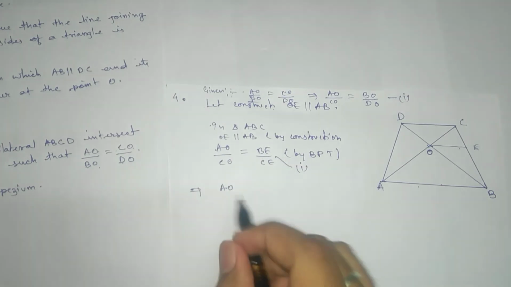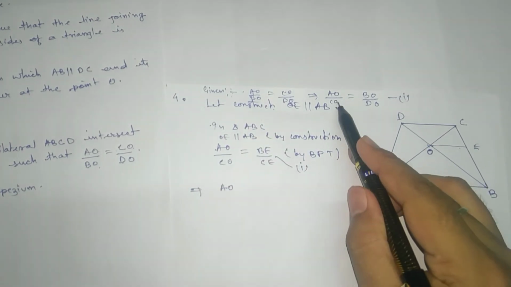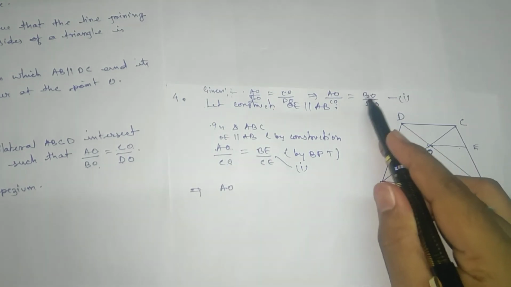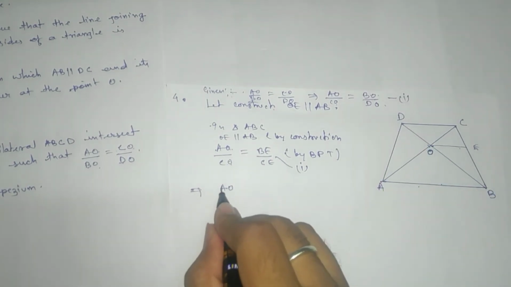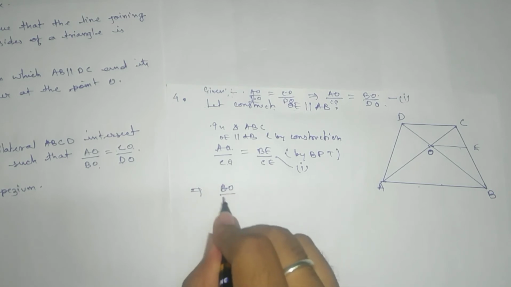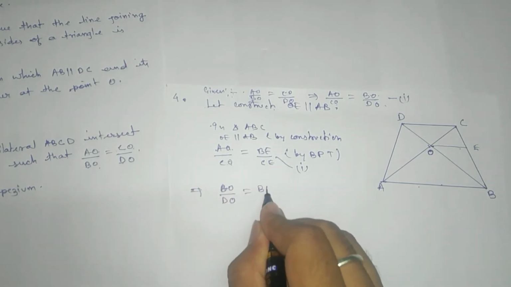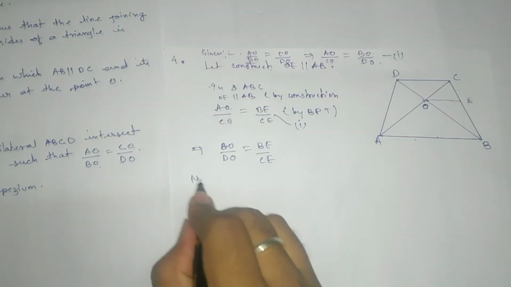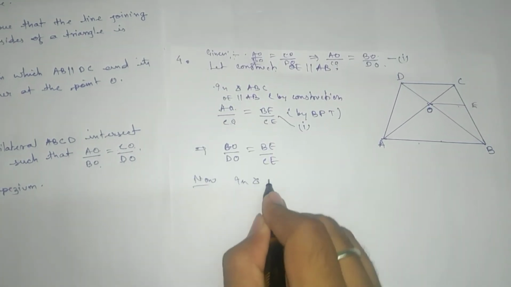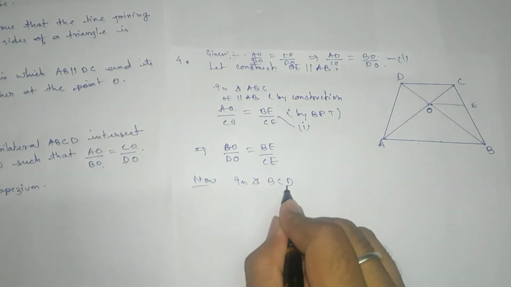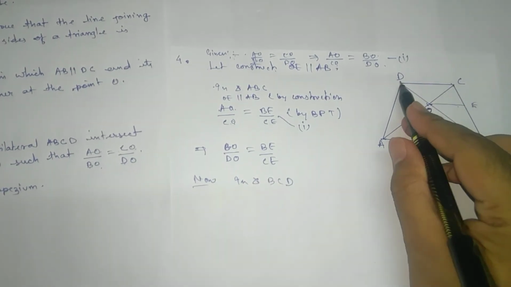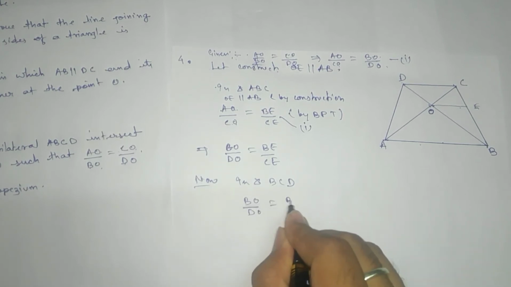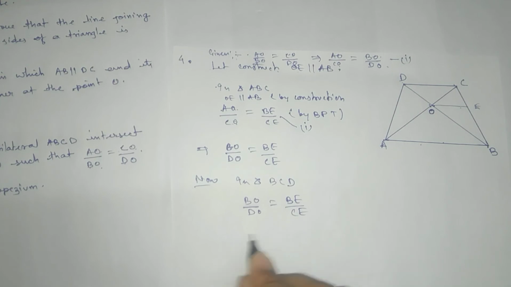Now in triangle, so instead of writing AO by CO, we are getting AO by CO. Instead of this we can write here BO by DO, and this side let it be BE by CE. Now what you can see, now in triangle BCD, you can see that BO by DO equals to BE by CE.